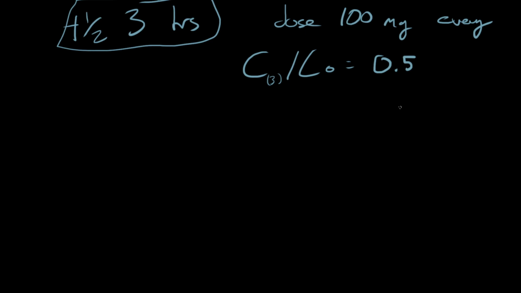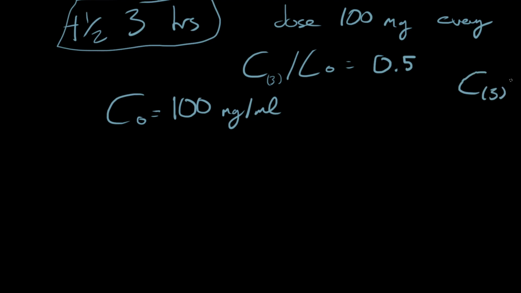And then I was asked, I'm just trying to double check here. Yes, so let's say the concentration at 0 was 100 mg per ml. And the question is asking for us to have a concentration at 3 hours of 100 mg per ml instead.